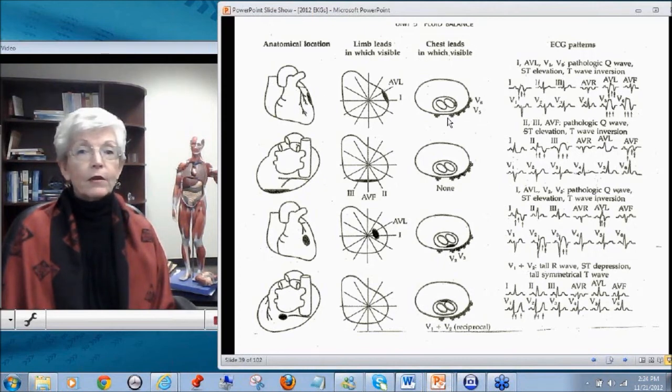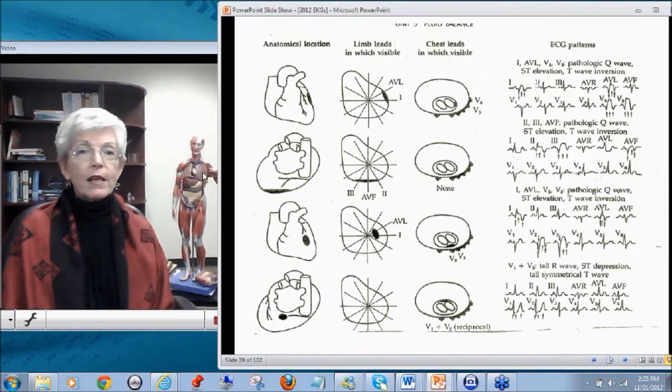These are leads that are all looking at the lateral wall of your heart. So again, looking at changes in lead 1, AVL, V5 and 6, and everything else being normal, I would identify lateral wall damage.